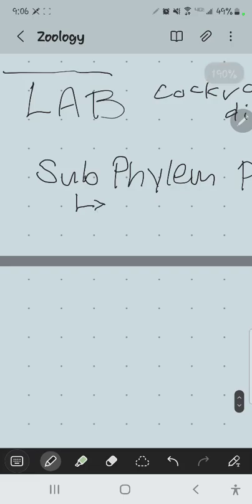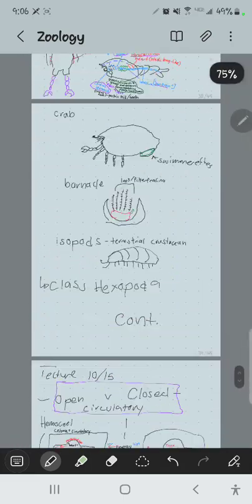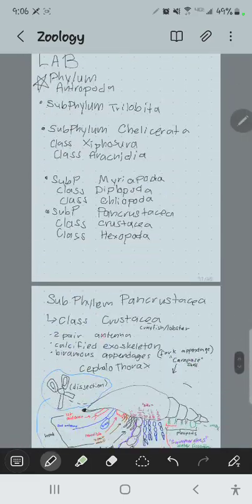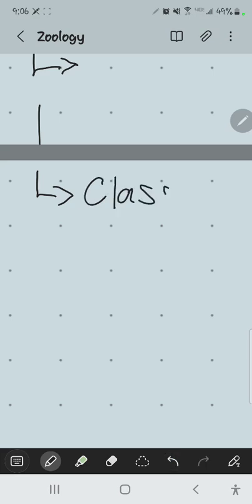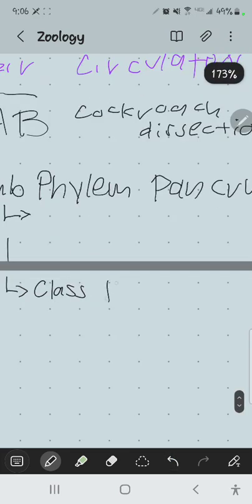But the class Hexapoda is actually even more diverse. So here we're talking about the most diverse group of organisms, a group of animals, certainly, probably including all of the organisms as well. But it's just incredible diversity.